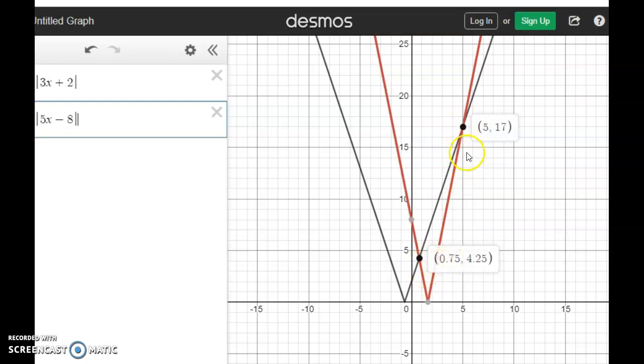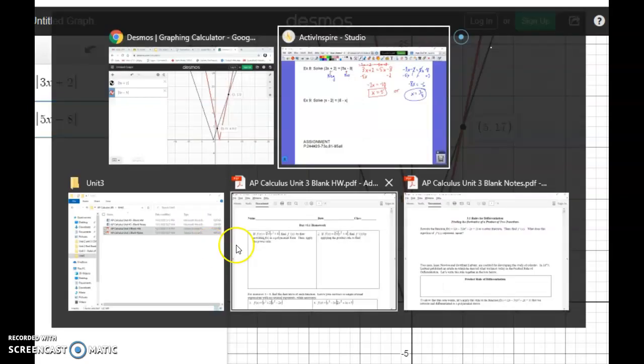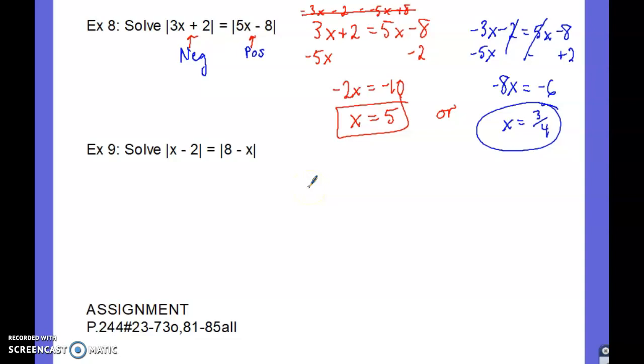See our two x values? They match up there. So hopefully that makes sense why you have to negate one and not the other. And you don't have to do all 4 scenarios, because this could have been positive, this could have been negative. Both could have been positive, and both could have been negative, because all the work would be the same.